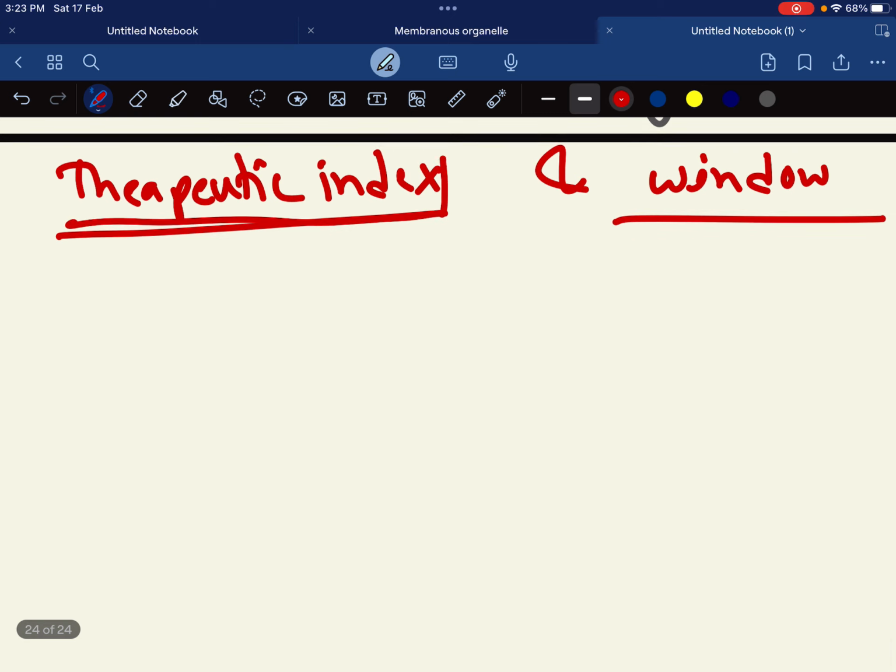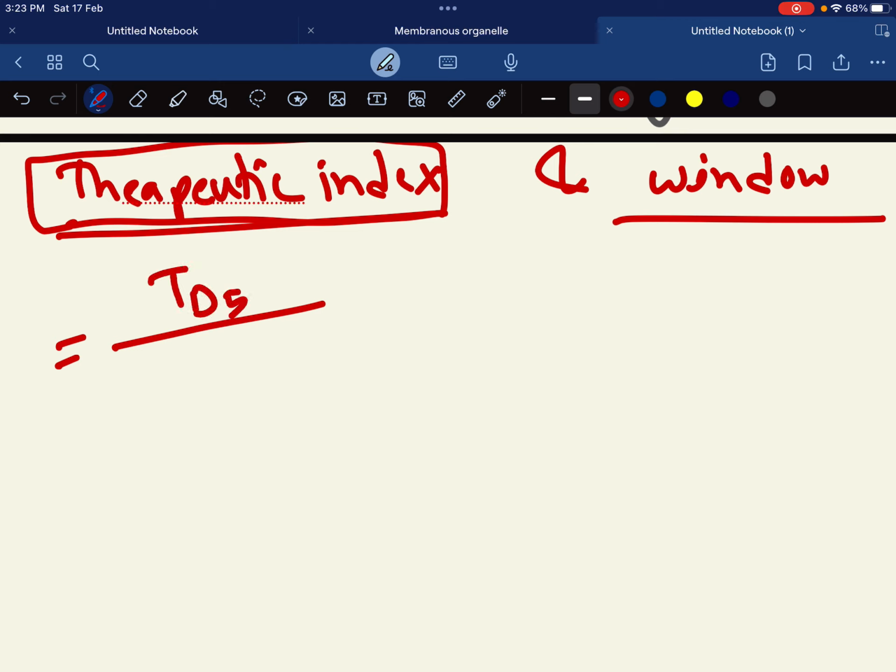What is actually the therapeutic index? The therapeutic index is the ratio of the median toxic dose and the median effective dose.